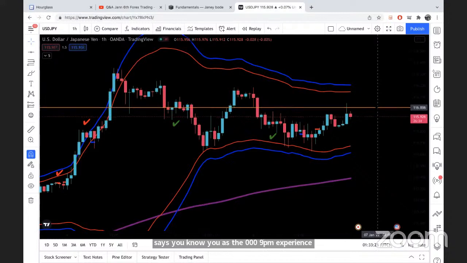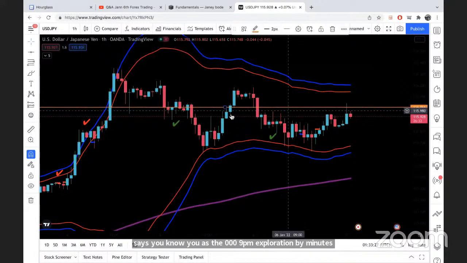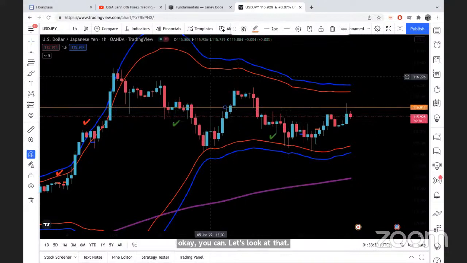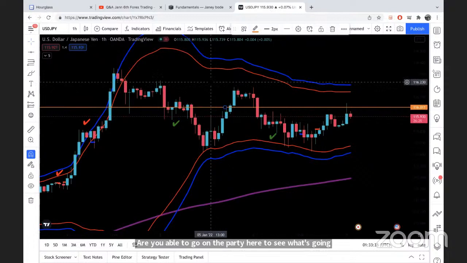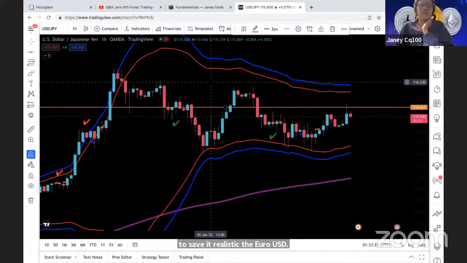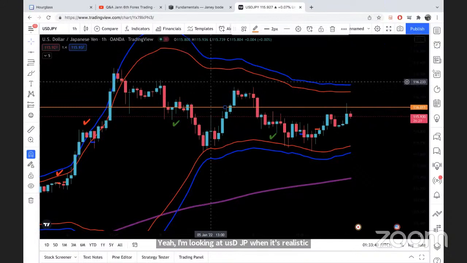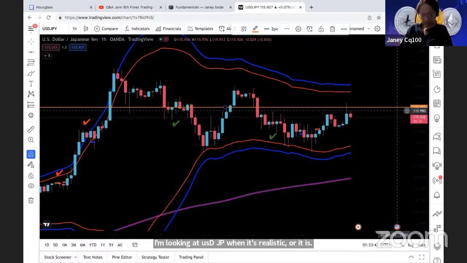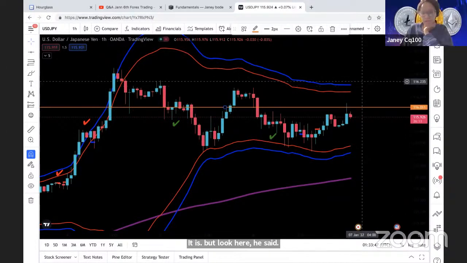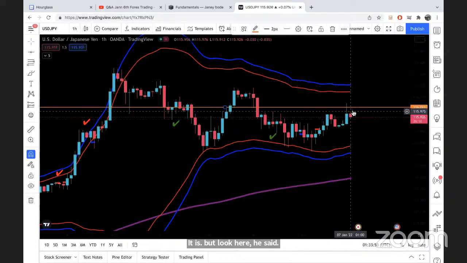Okay, are you able to go on TradingView to see if the Euro USD is realistic? Yeah, I'm looking at USD JPY and it's realistic. Because look here, he said 116010, and if you look at the graph, it's going to hit it.